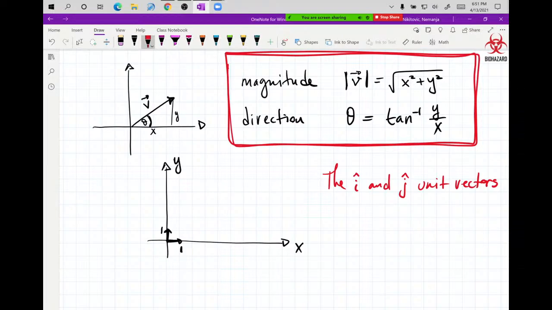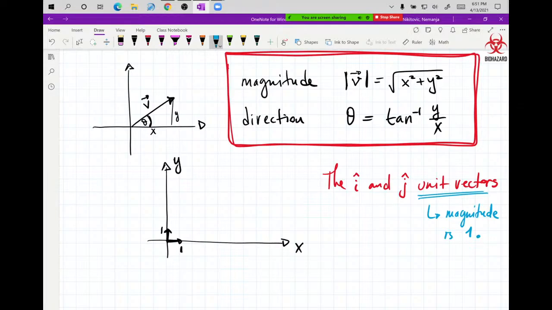What is the meaning of the unit? It means that the vector magnitude is 1. So the unit vector means magnitude is 1.